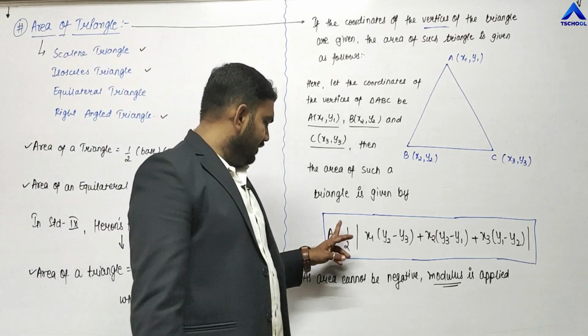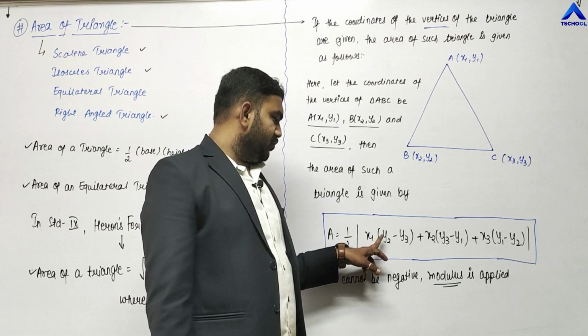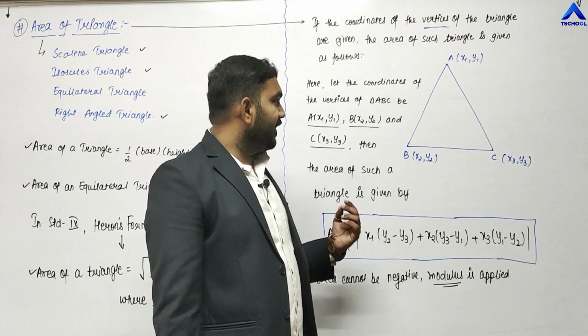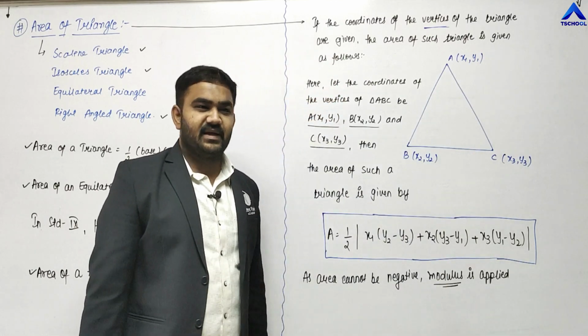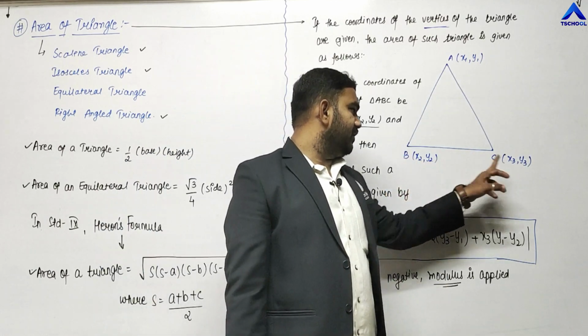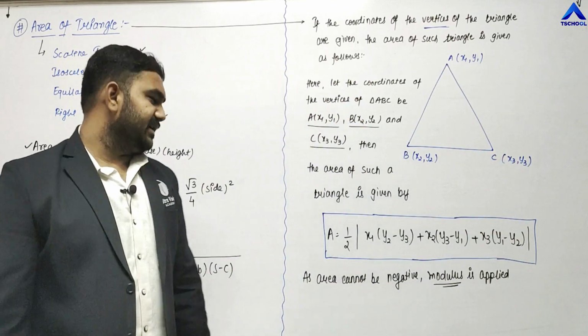So again I am repeating, area equals half modulus of x1 into y2 minus y3. If we take the x coordinate of the first vertex, then we take the y coordinates of the remaining two vertices.